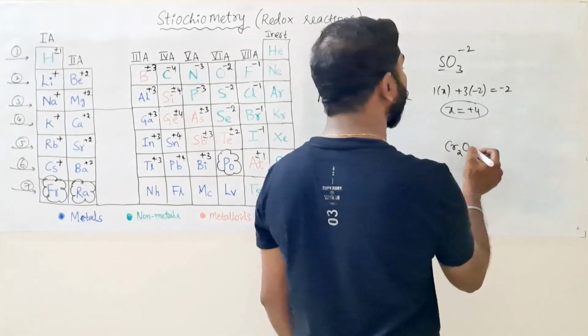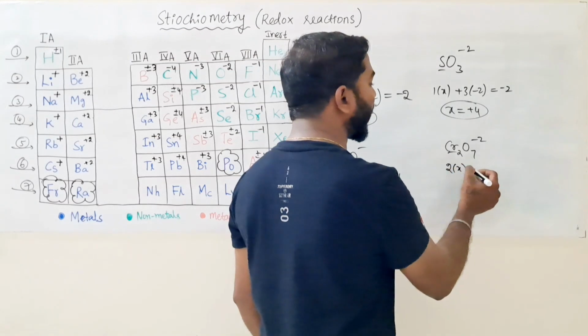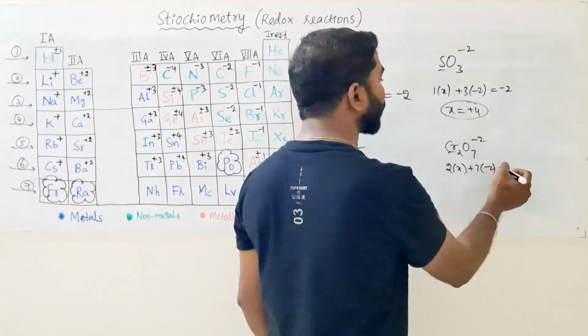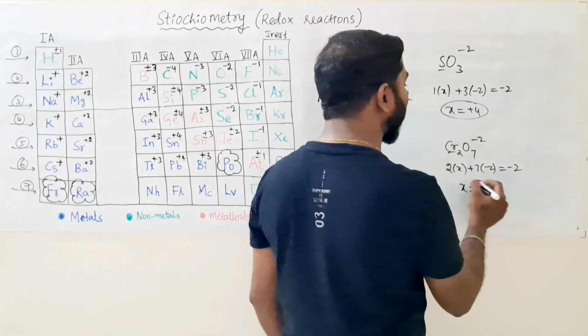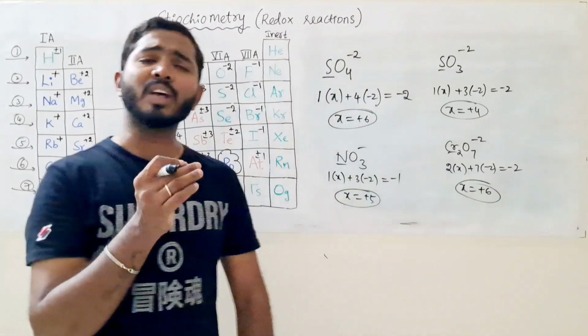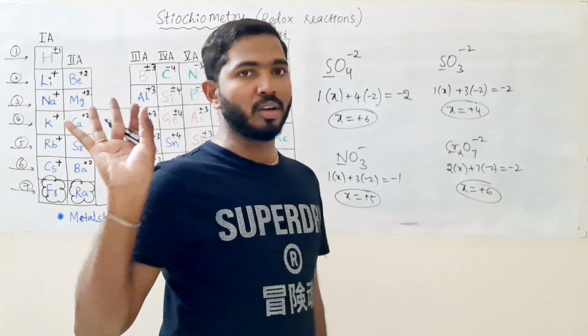Similarly, if you take Cr2O7 minus 2, chromium's oxidation number 2 into X plus 7 into minus 2 is equal to minus 2 overall charge. So X is going to come out as plus 6. So this is how we are going to calculate the oxidation numbers for ions.